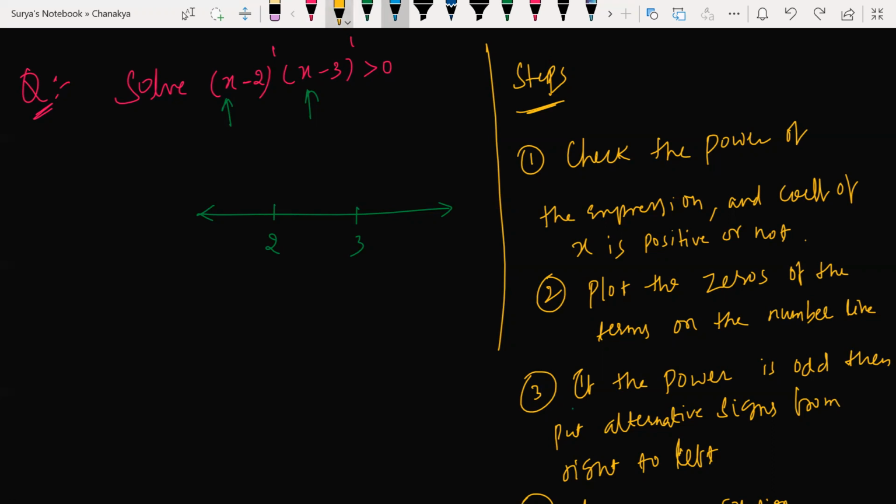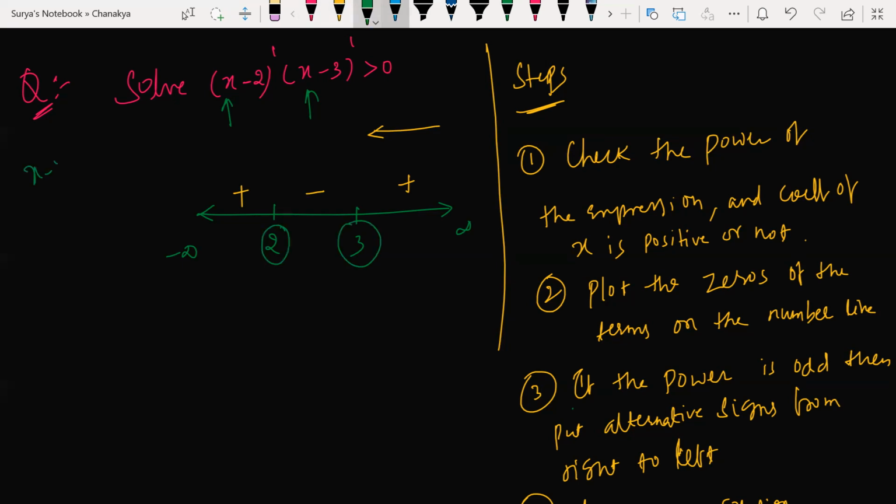Now look at this. The powers are odd. The first step is to check whether the power is odd and the coefficient of x is positive. If so, here minus infinity, plus infinity. From right to left, I take alternate signs: plus, minus, plus. Why did I write 2 and 3 here?